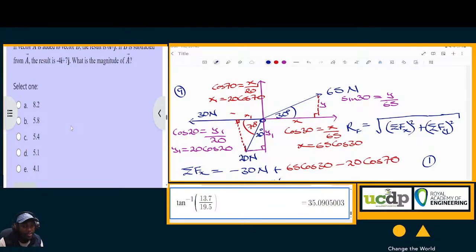Shall we then move to the last question, which is question 10, which reads: if a vector A is added, let me see if it's visible. Yes, it is.